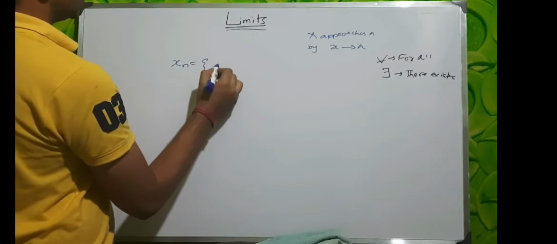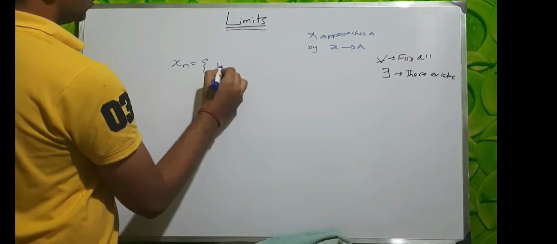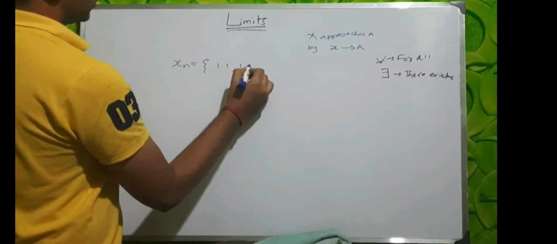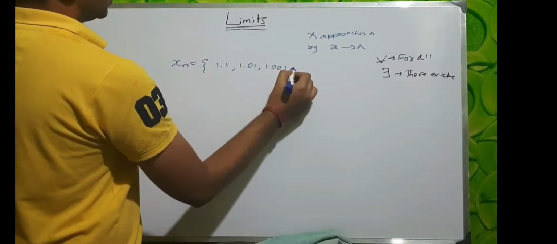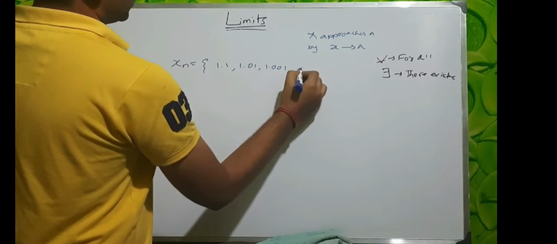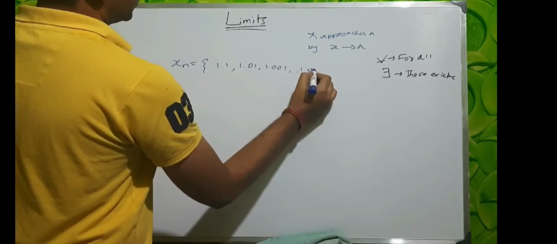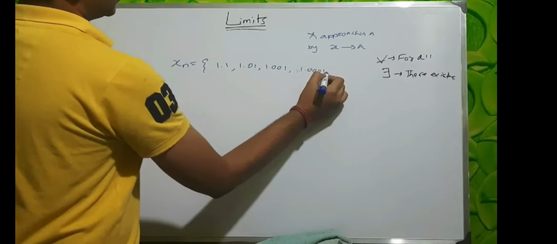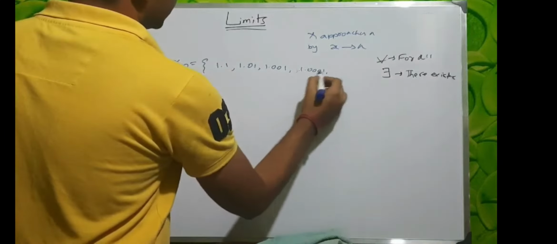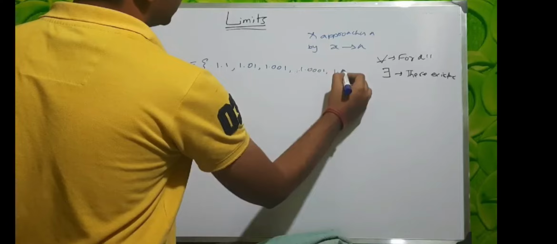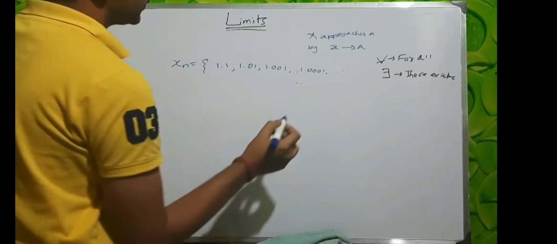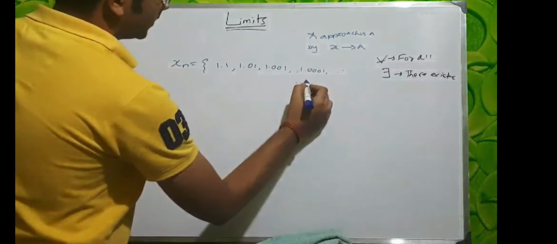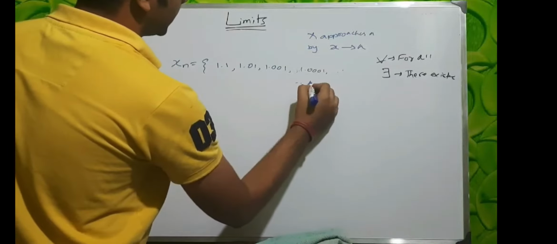sequence like this one. Suppose this is 1.1, 1.01, 1.001, and this continues on, and then I change this sequence and put something else in between.